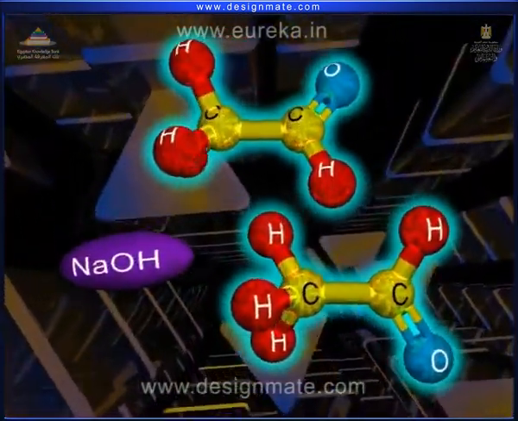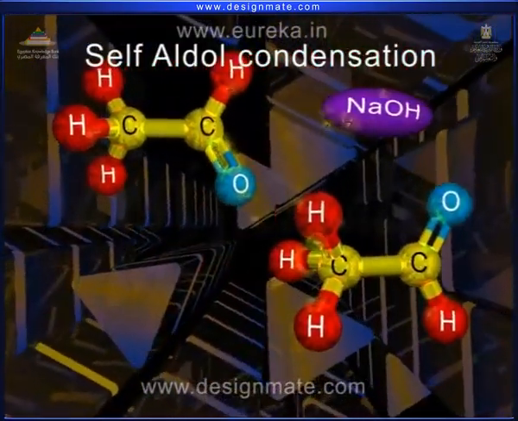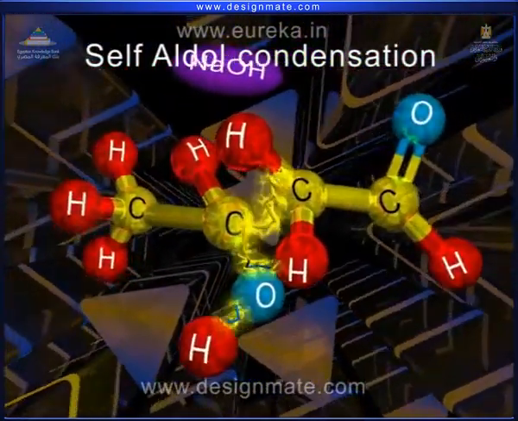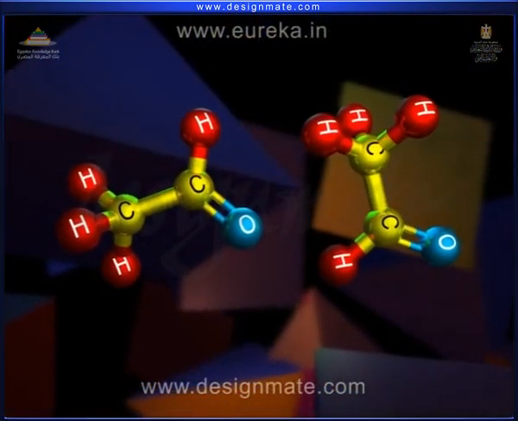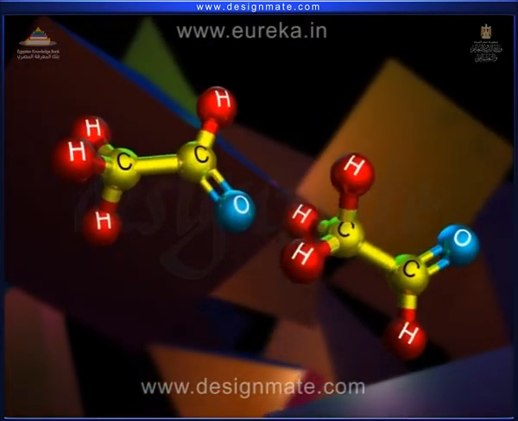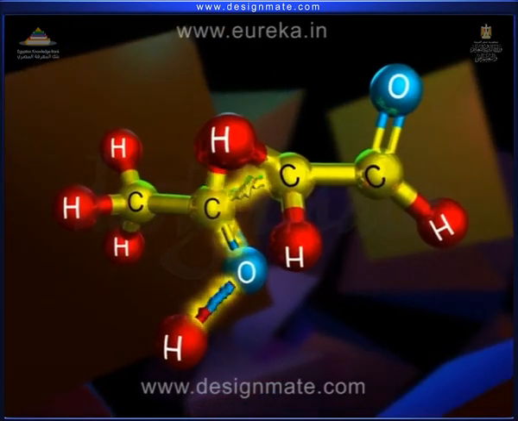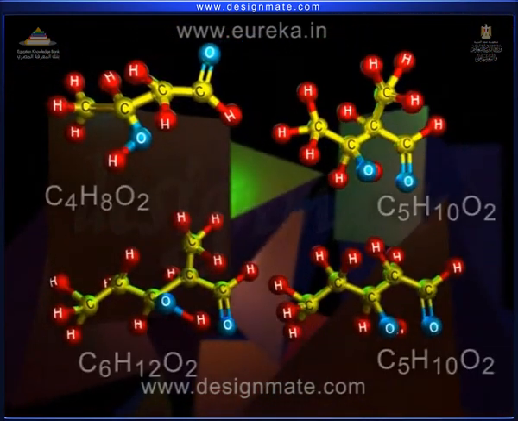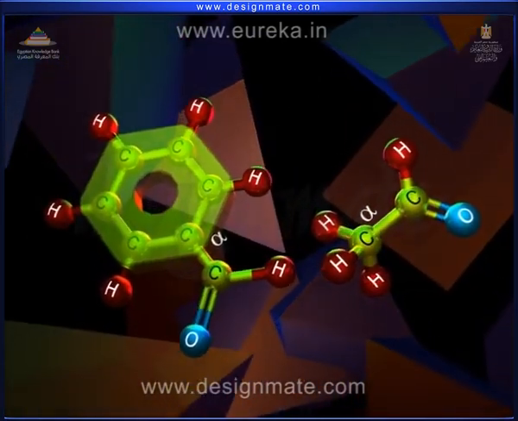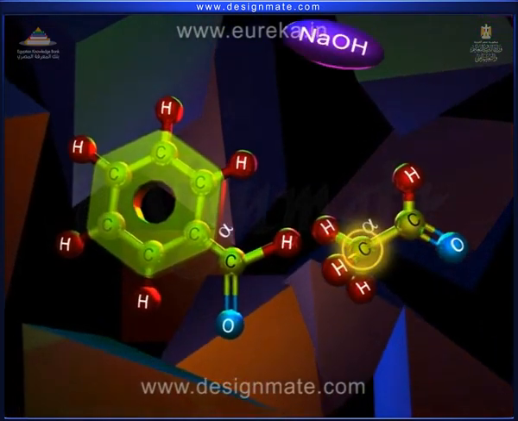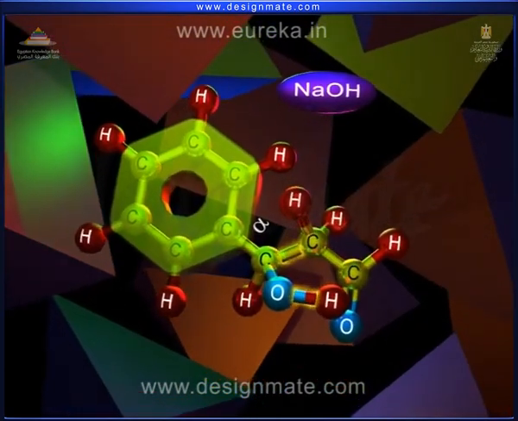Also, the 2 types of aldol condensations: self-aldol condensation, in which similar molecules of aldehydes or ketones react, and cross-aldol condensation, in which both the compounds contain hydrogen on alpha carbon of the carbonyl group, to give a mixture of 4 different products, or only one of the compounds contains hydrogen on alpha carbon of the carbonyl group, to give only one product.